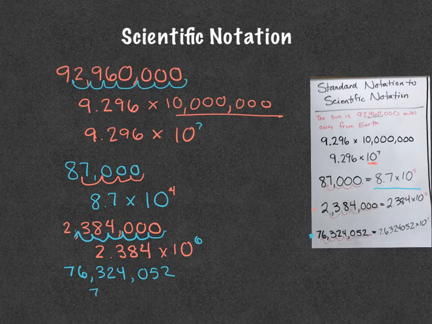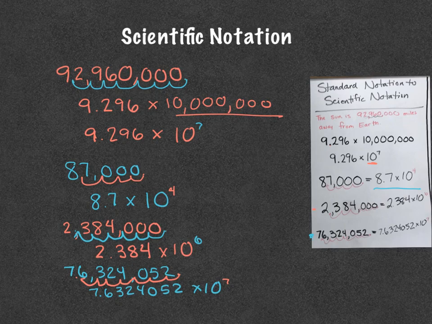So we're looking for 7.6324052 times 10 to the something. So we are going to go from here and go backwards till we get our decimal in between the 7 and the 6. 1, 2, 3, 4, 5, 6, 7. So to the 7th power.